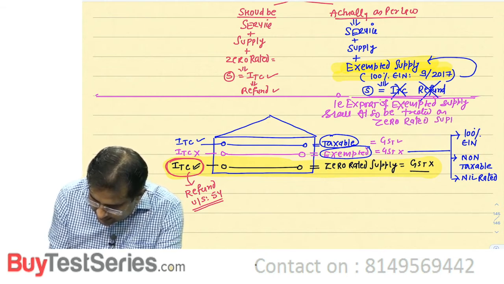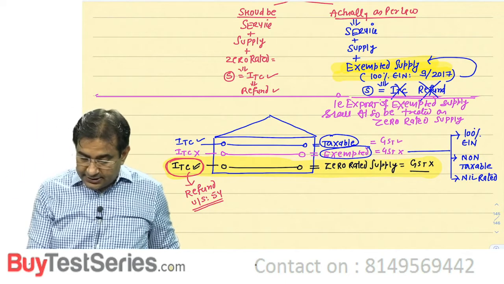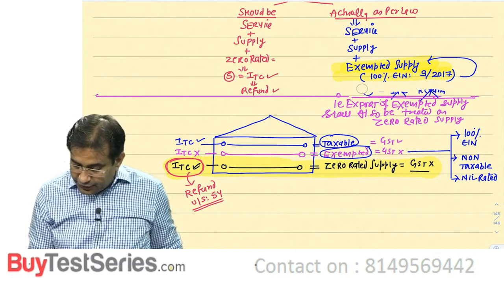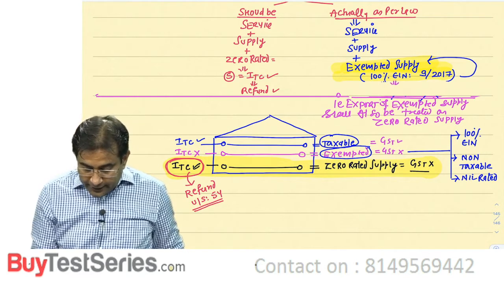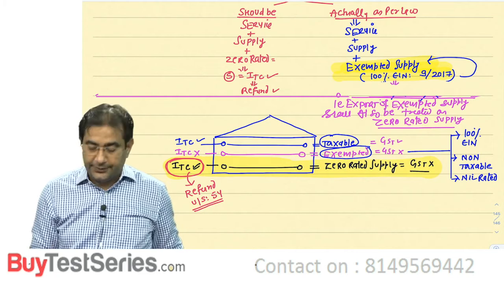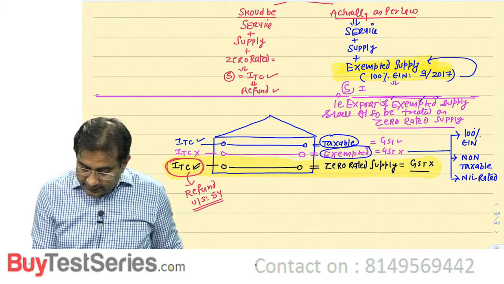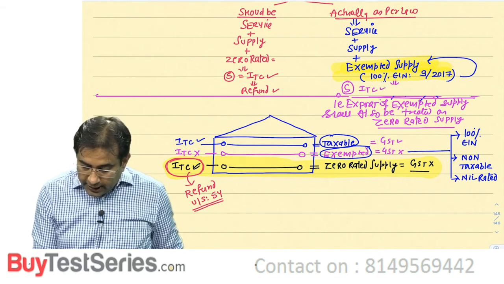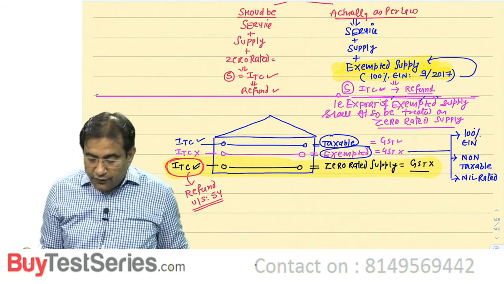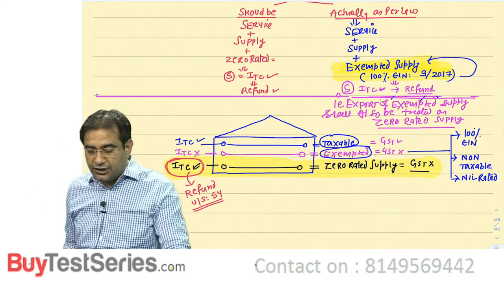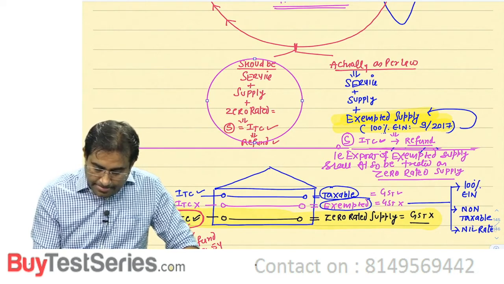So after insertion of the explanation, what would the final picture be? Now if it is termed as zero rated, then my dear, in such a case the supplier can claim corresponding ITC and also can claim a refund of that particular ITC. So finally, after the amendment, the picture becomes the same as I desired.